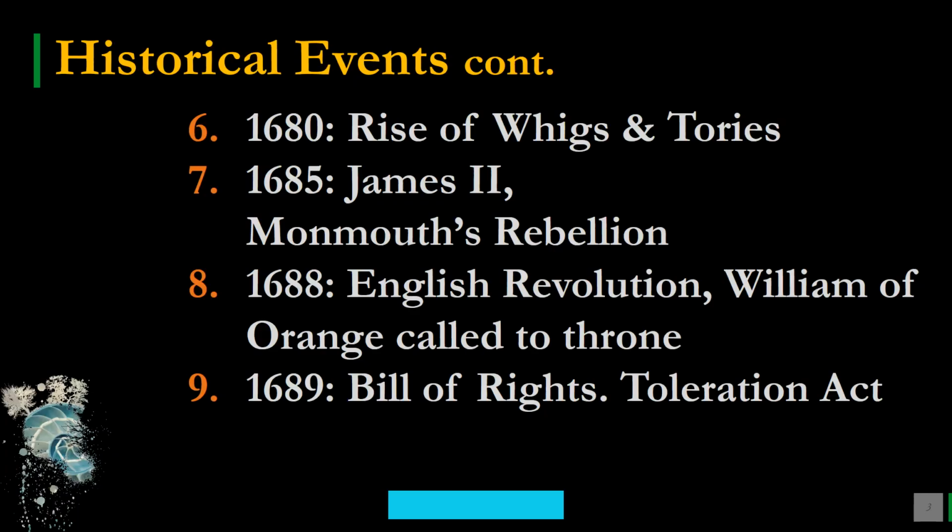And the Duke of Monmouth, who is the illegitimate son of King Charles II, wanted to come on the throne, and hence he rebelled against King James II. So this is Monmouth's rebellion in 1685.